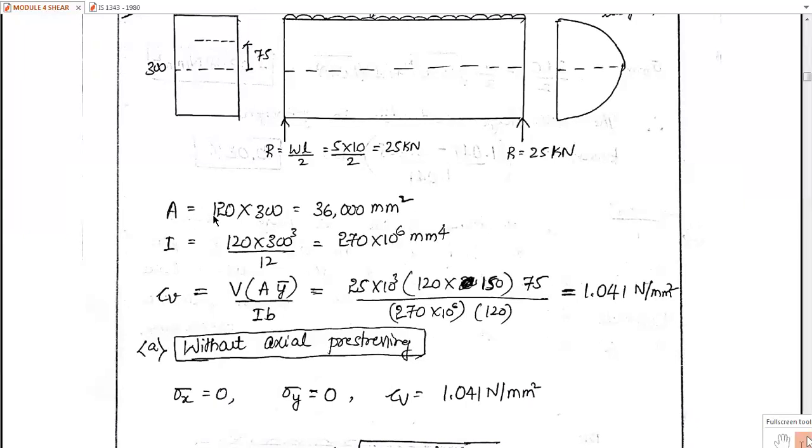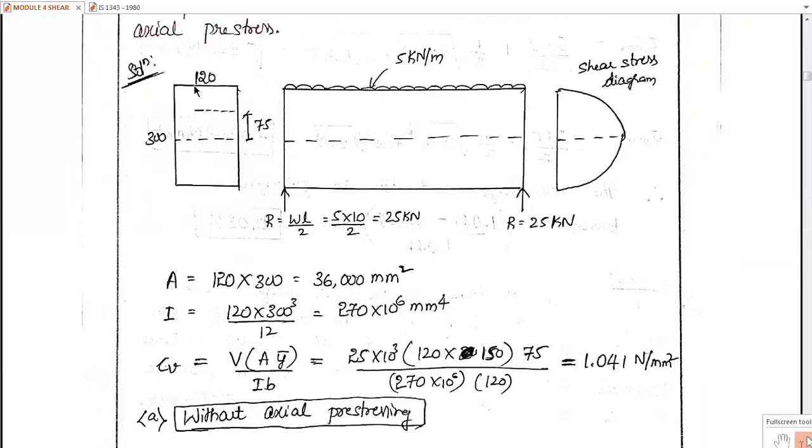Cross sectional area is equal to 120 into 300, that is 36,000 mm square. Moment of inertia I is equal to, it is a rectangular section, you can easily calculate, B D cube by 12, B 120 mm, D 300 mm, divided by 12, which is equal to 270 into 10 raised to 6 mm raised to 4.